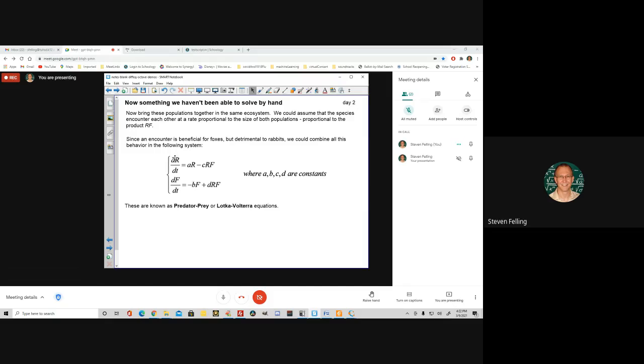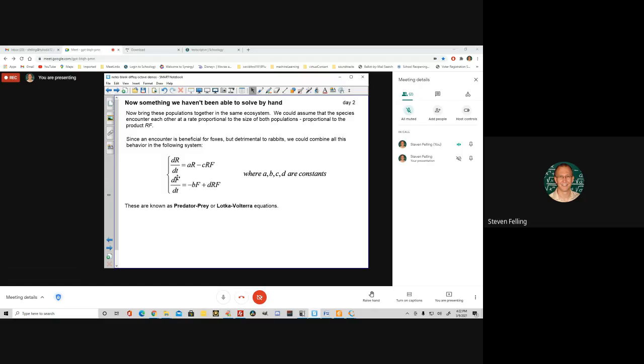We could say the rate of change of the rabbits over time is AR, which means the more rabbits there are, the more rabbits they're producing because they breed very quickly, but minus some proportional constant times R times F, which is the number of encounters. So the more encounters there are, the faster we remove rabbits because they get eaten. On the other hand, the more foxes there are, the more they're competing for a limited food source, the rabbits.